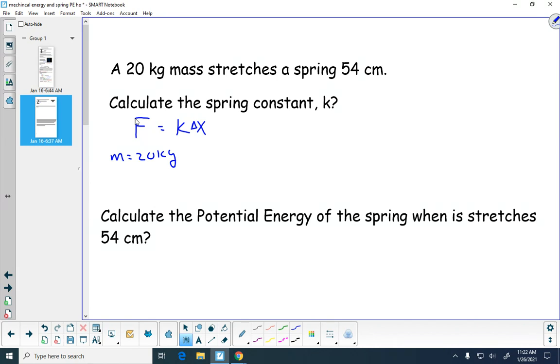How can I find a force? What's the force that's exerted on this? But that's a mass. How can I convert the mass into the force?